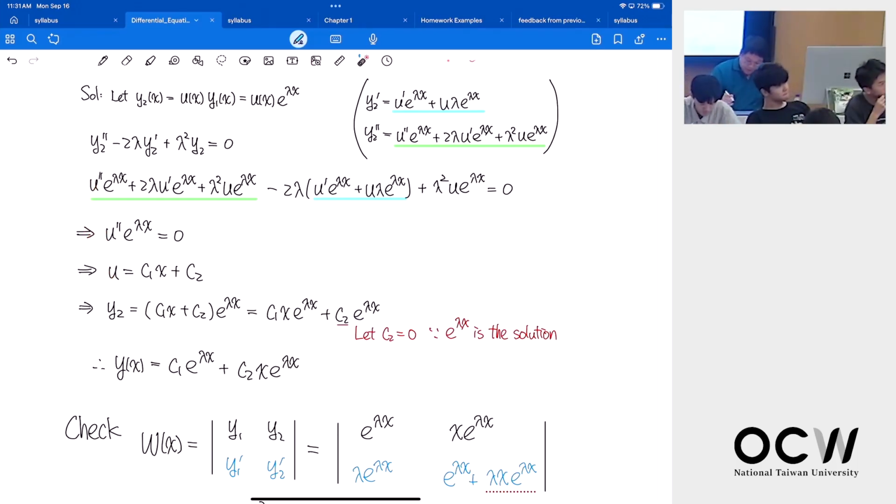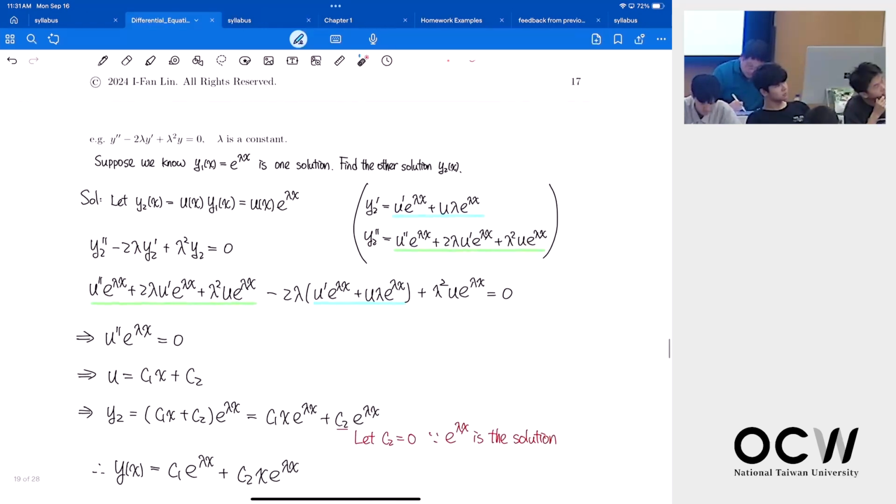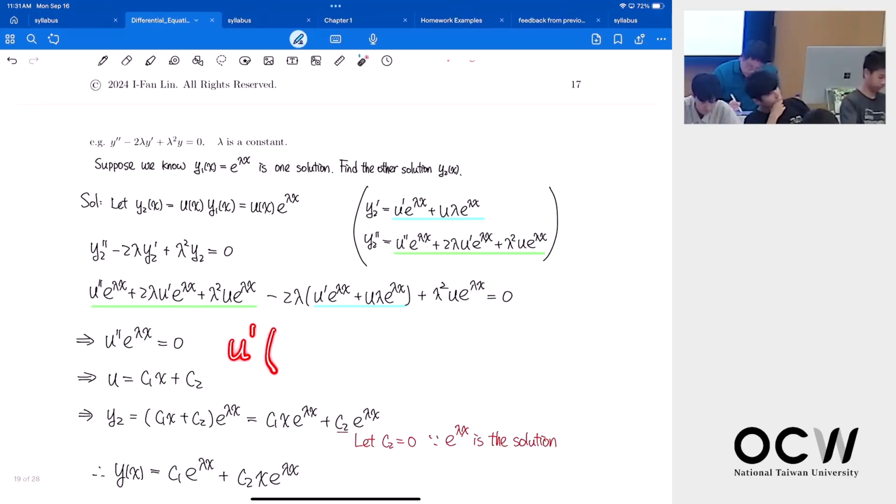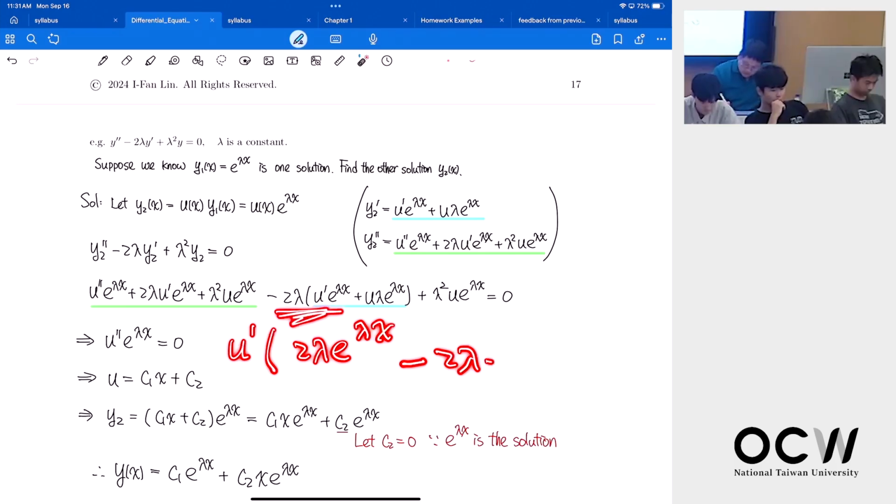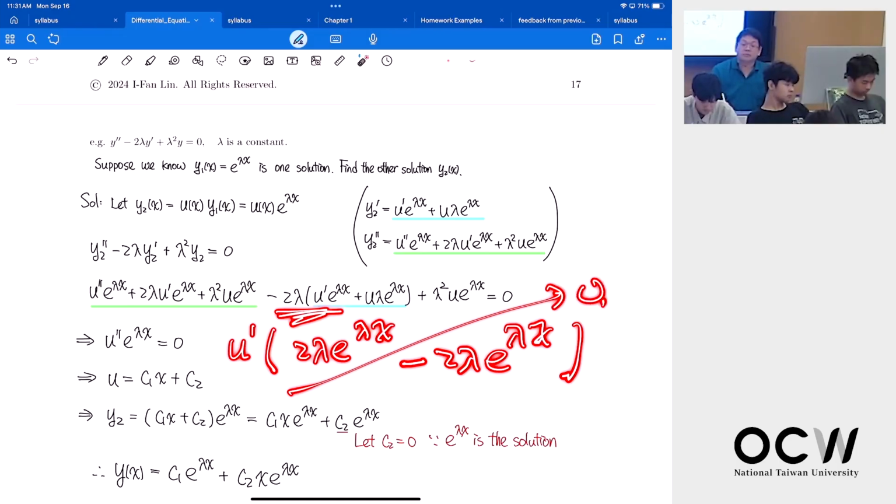And from here to here? Now let's rearrange. u double prime, I have e to the lambda x. That's it. Then u prime, what do we have? u prime, we have 2 lambda e to the lambda x minus 2 lambda e to the lambda x. That's 0, right?